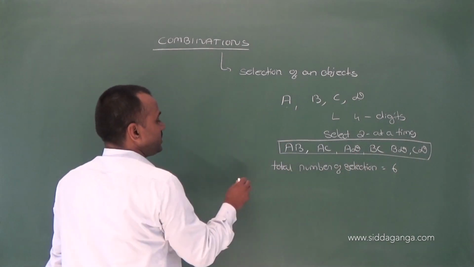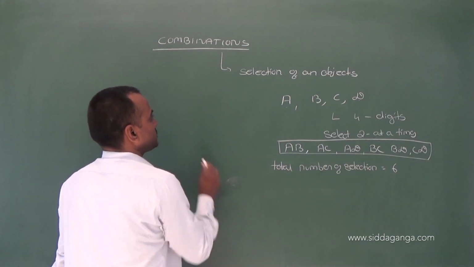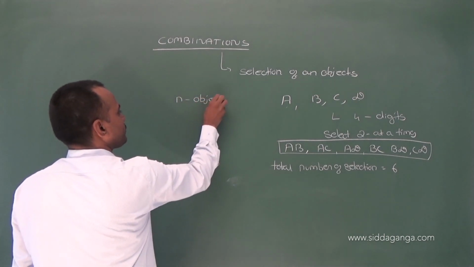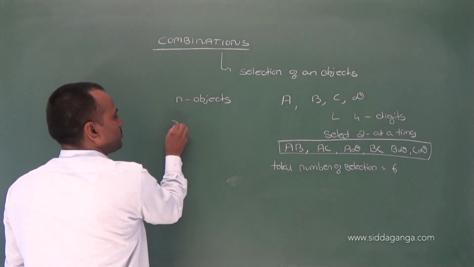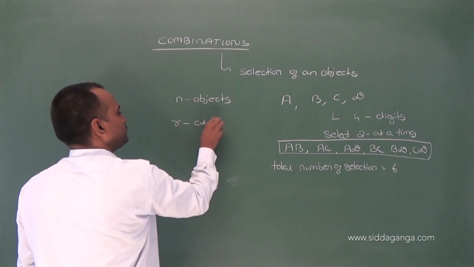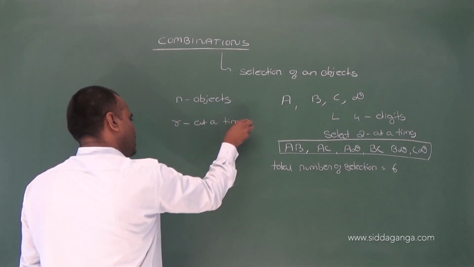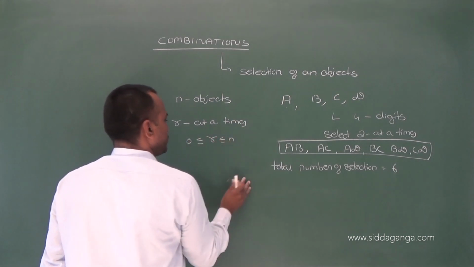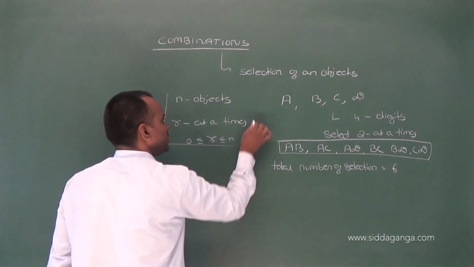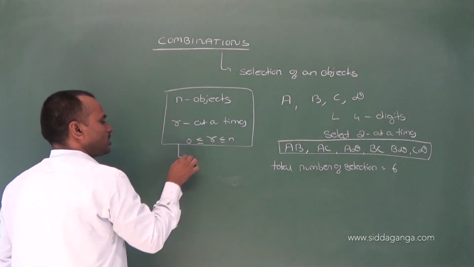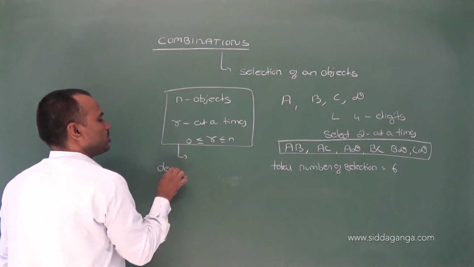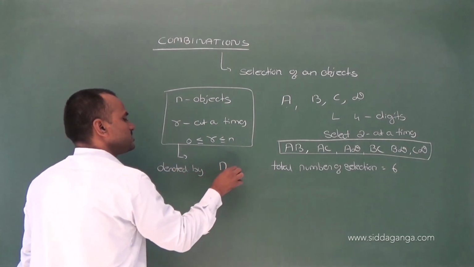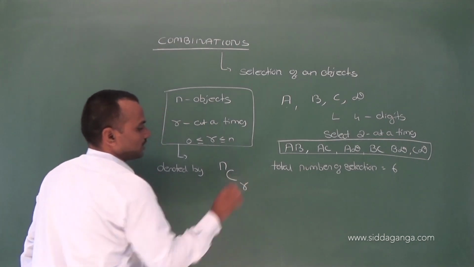So this can be denoted as follows. Combinations are denoted for n number of objects, where we have to select r at a time. Here also r is greater than or equal to 0, less than or equal to n. Very important. Combinations are denoted by nCr.